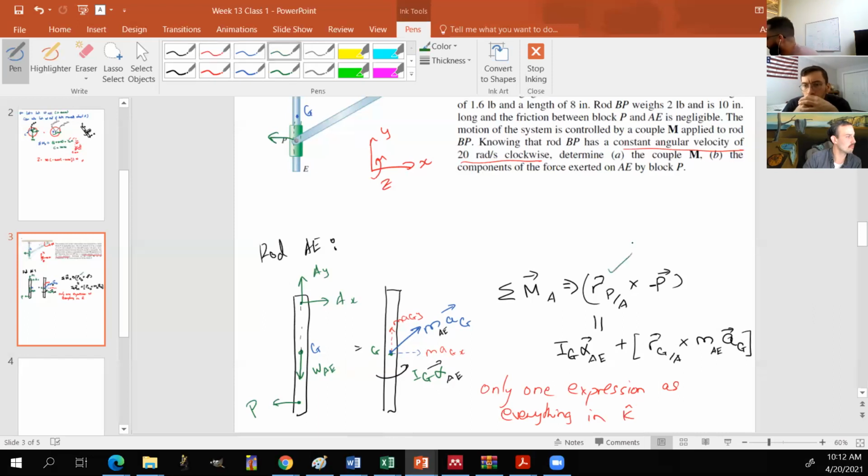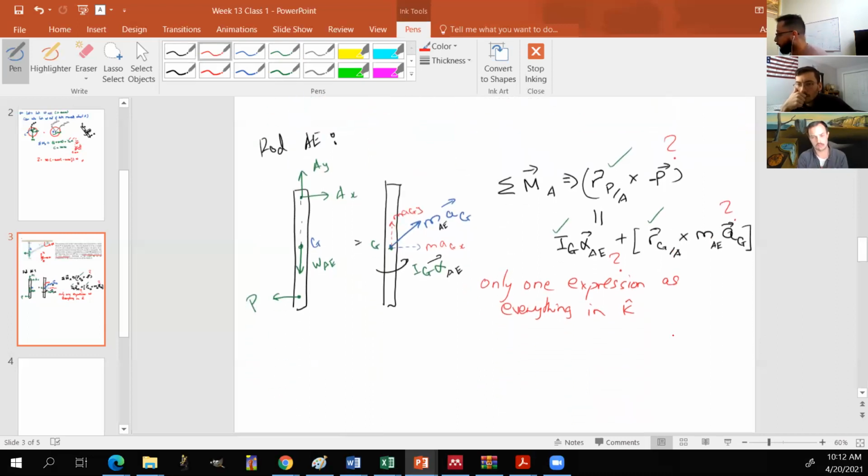Because though we know position vector, we can find out what your IG is from the geometry. You can find out what RG alpha is. We don't know what P is. We don't know what alpha AE is, and we don't know what AG is. And AG is going to be 2 unknowns. This is like 4 unknowns in one expression. We need more. We need more things.